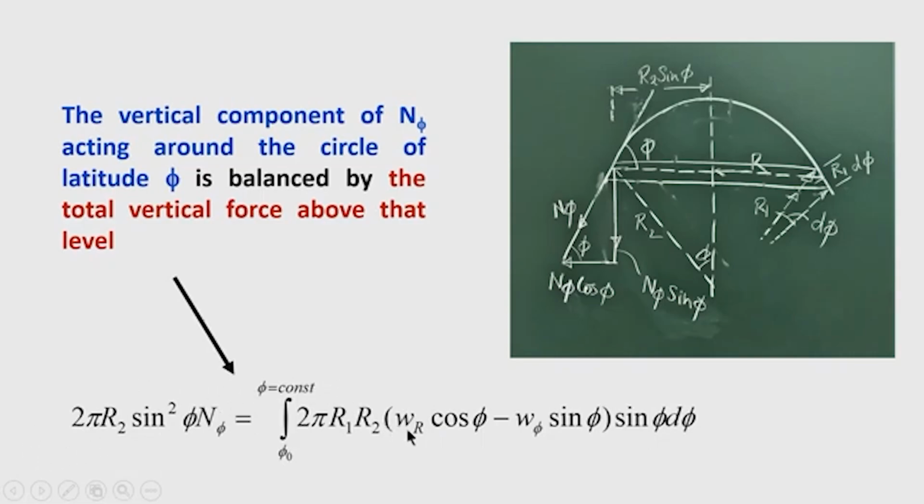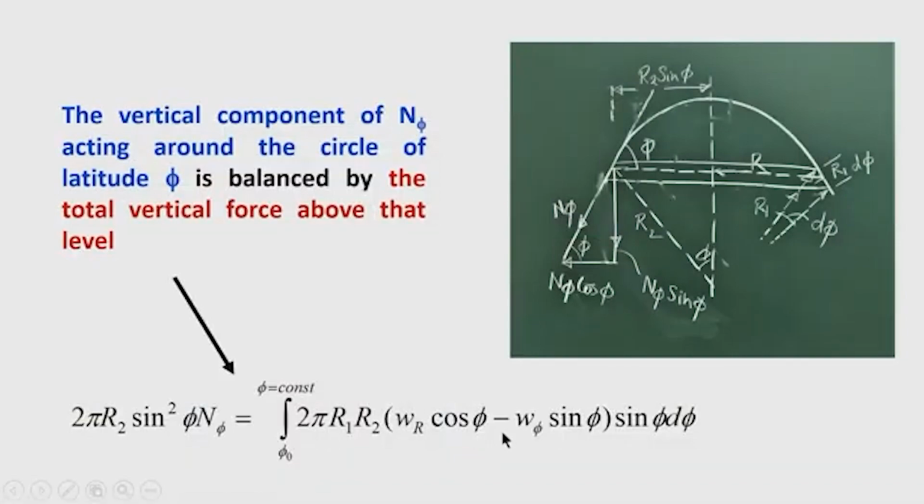Now, in this term, W r cos phi is the component of the load along the radial direction, and W phi sin phi is the component of the load in the meridional direction. So, this sum represents the total vertical load, multiplied by the surface area. What is the surface area?